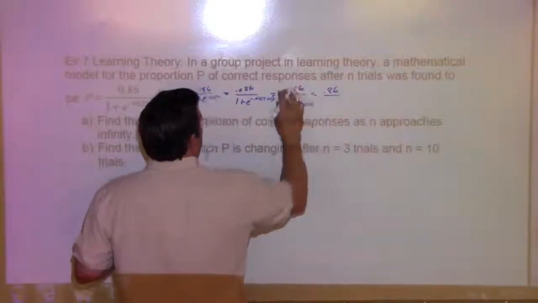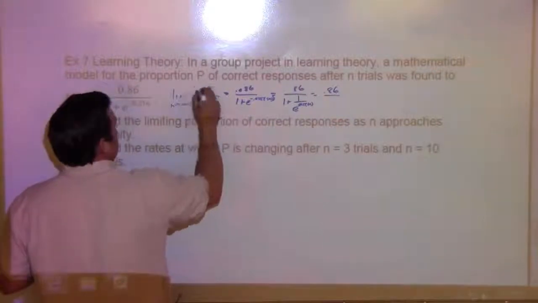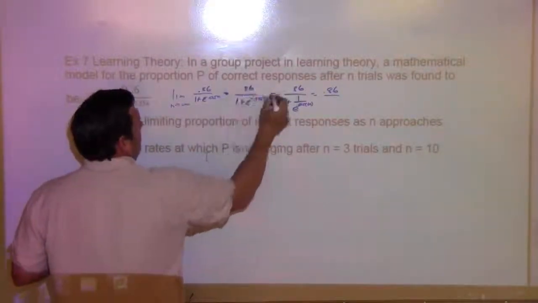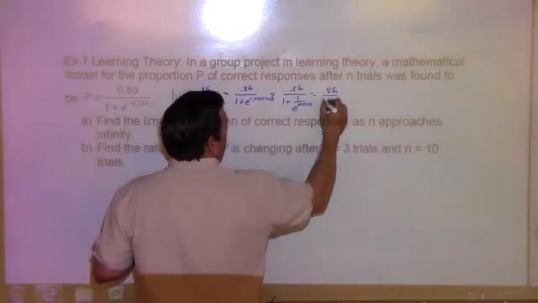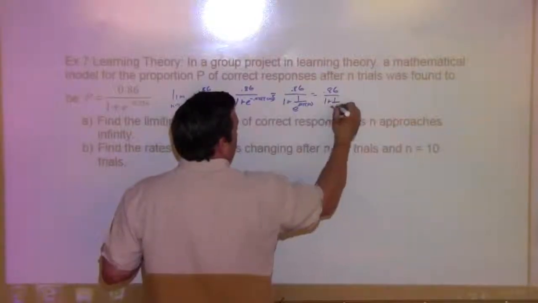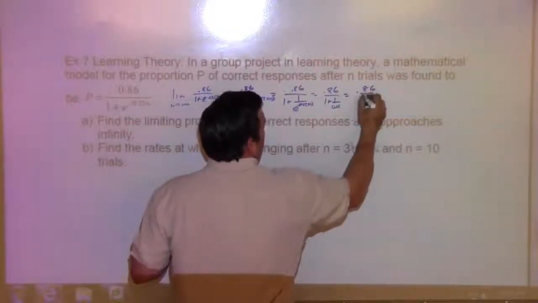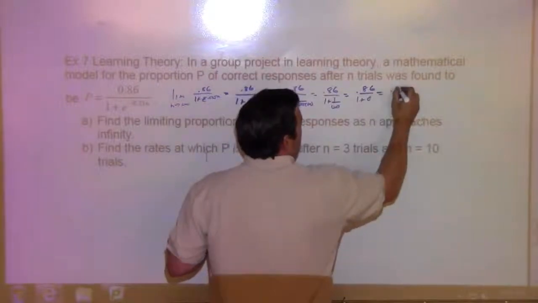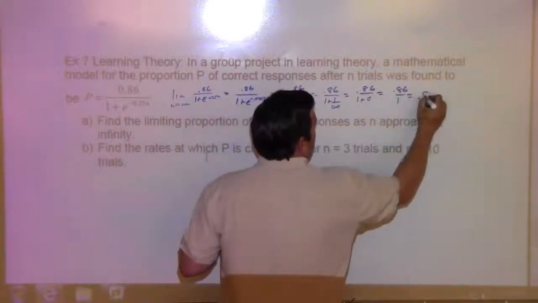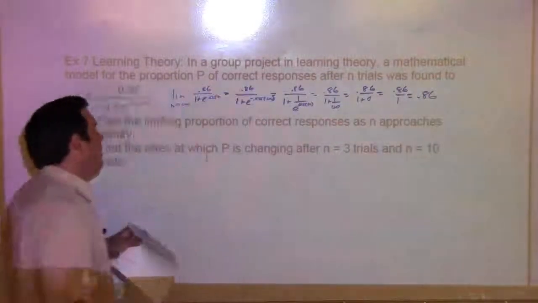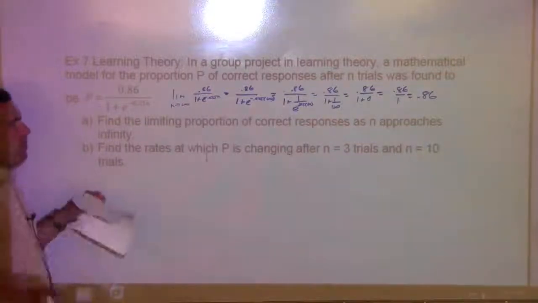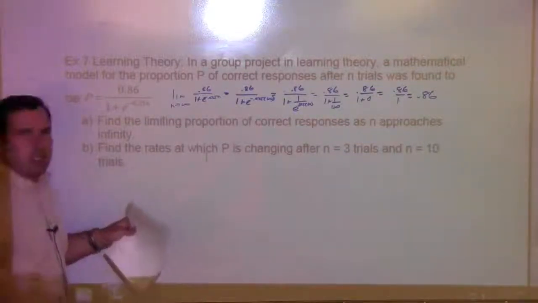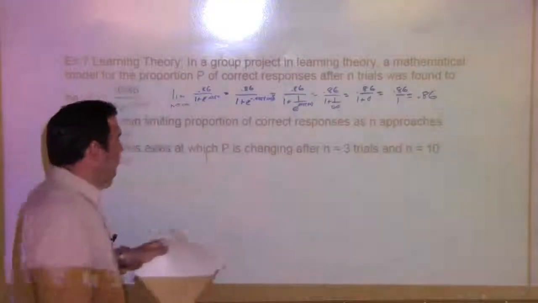It's 0.86, not 0.086. So 0.86 over 1 plus 1 over infinity, which is 0.86 over 1 plus 0, or 0.86 over 1, which is 0.86. So as n goes to infinity, they should be getting 0.86 or 86% of them correct.